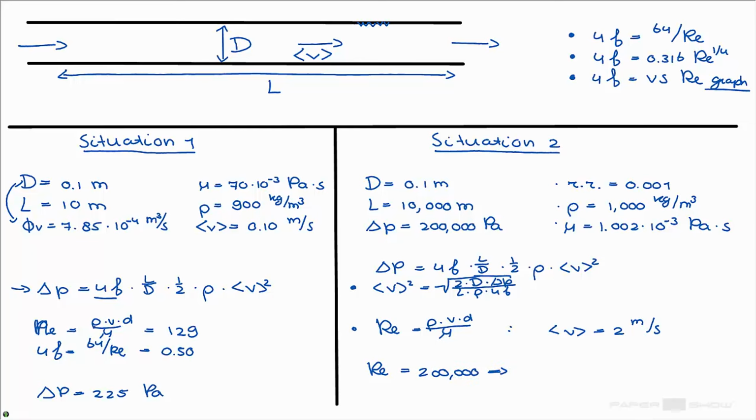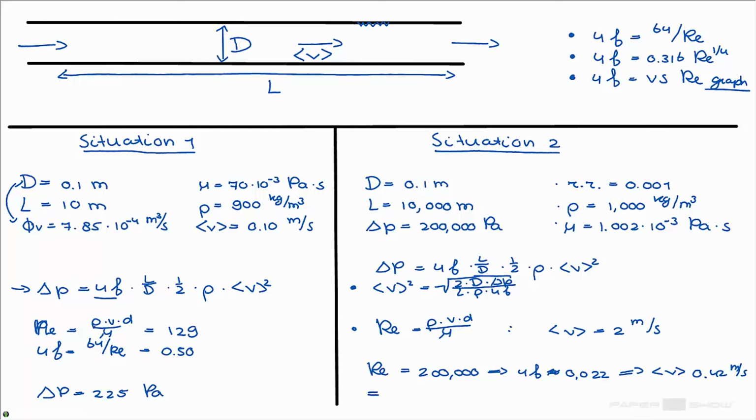I can look this up in the graph, take the line for the relative roughness of 0.001 and find a friction factor 4F of 0.022, which gives me a velocity, since I can fill this in the Fanning equation, of 0.42 meter per second.